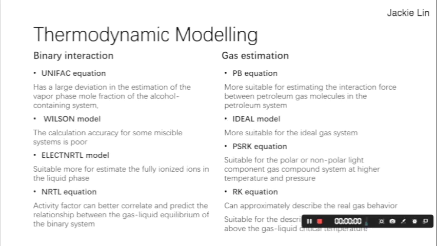So, thermodynamic modeling in our Aspen simulation, we choose to use NRTL and RK equation. This is because in a binary system we can use UNIFAC, Wilson, electrolyte NRTL, and some other equations. But UNIFAC has a large deviation in the estimation of the vapor phase mole fraction of the alcohol containing system.